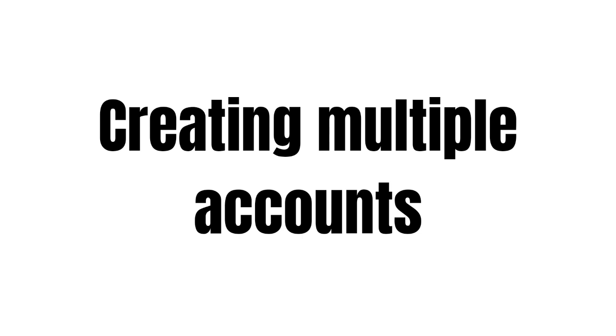If they find out, they can still terminate that account again. You understand? So if you must create another account after your account has been terminated, you have to use different bank accounts. You have to use a different name, a different email and a different phone number to create another account.